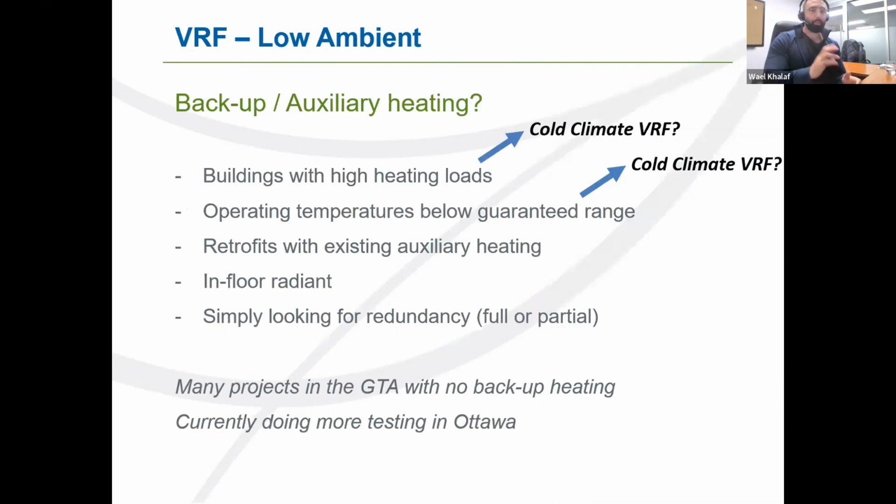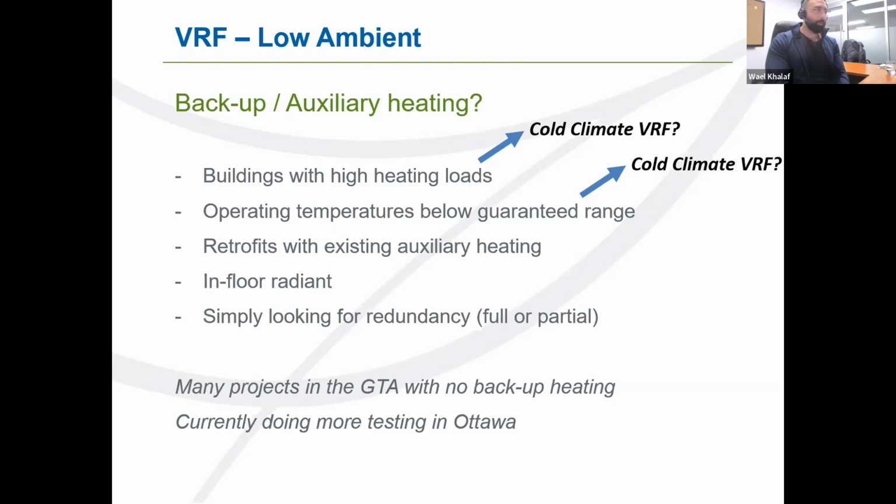So the other logical question to that is, what about backup or auxiliary heating? Many of our office buildings or comfort cooling and heating applications in Canada will have a high heating load demand, and will also end up with temperatures that dip below the guaranteed range.